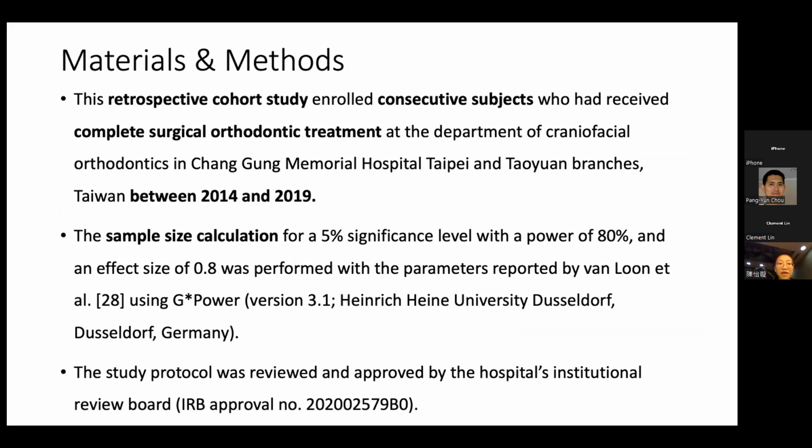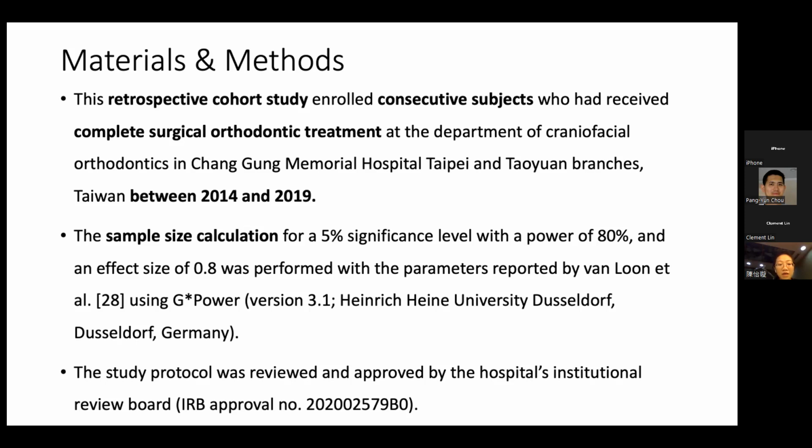The materials and methods of my study. This is a retrospective cohort study, and we enrolled consecutive subjects who had complete surgical orthodontic treatment at the Department of Craniofacial Orthodontics in Chang Gung Memorial Hospital, Taipei, Taiwan branch, between 2014 and 2019.